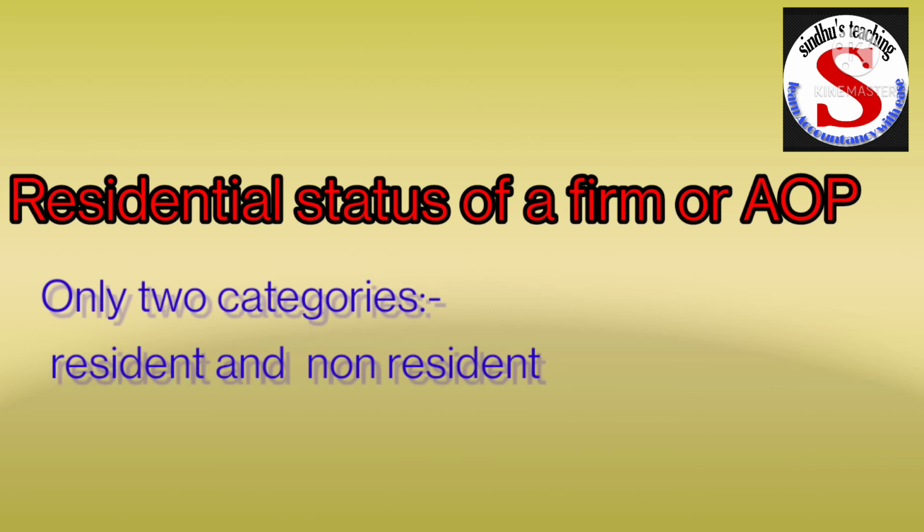If a firm or AOP is managed and controlled in its affairs wholly or partly in India in the previous year, then the firm is said to be resident. If the management and control of its affairs is wholly outside India in the previous year, then the firm is said to be non-resident.